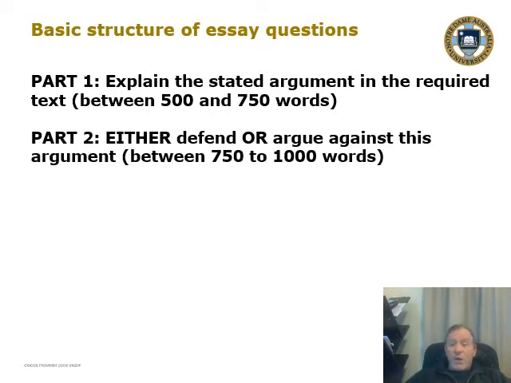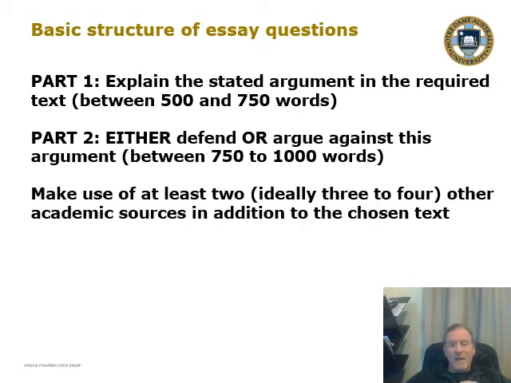In part 2, you need to take a position for or against the argument in the text. You need to make use of at least 2 other academic sources in addition to the book that you were required to read.